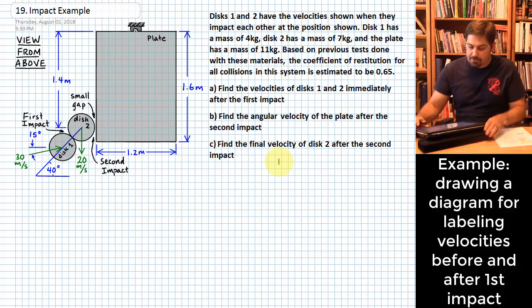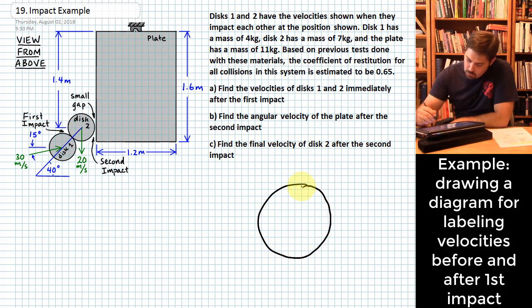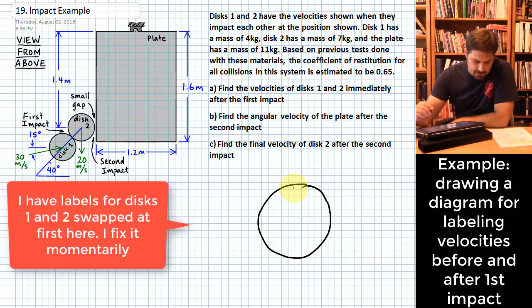It really helps, in my opinion, for us to think of a diagram that allows us to talk about the different components of velocity in these cases. And so I'm going to do that for disks 1 and 2. Okay, so here is disk 1. Okay, and I'm just going to maybe label that right down here as disk 1. And here is disk 2.